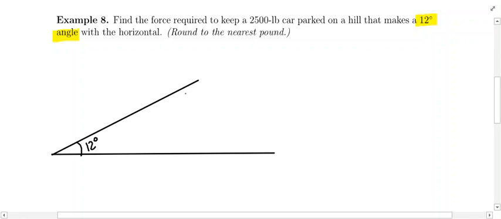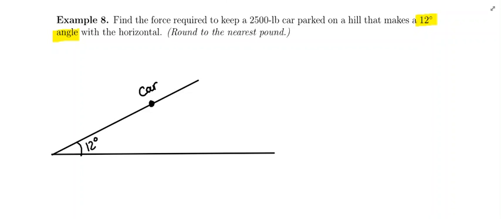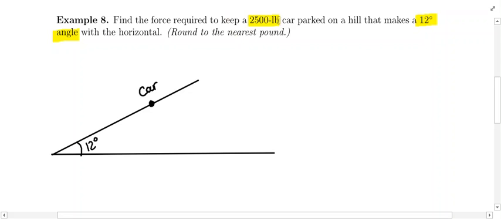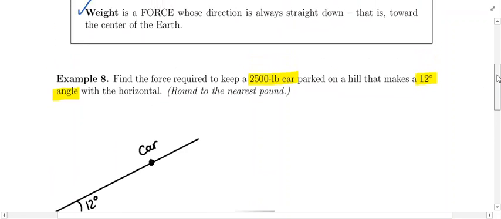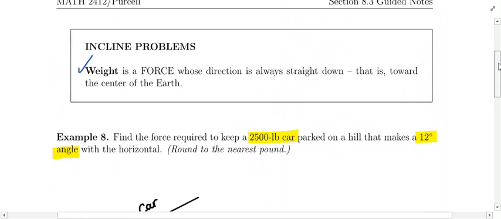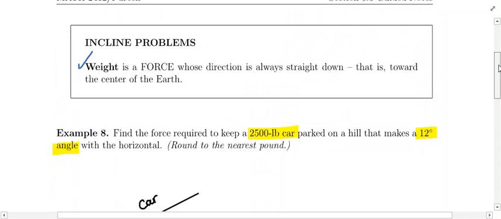And we know that there is a car parked on the hill. I am going to treat the car as a single point. So there's the car. And we know that the weight of this car is 2,500 pounds. What we just said is that weight is a force, which means it's a vector, and it acts straight down.